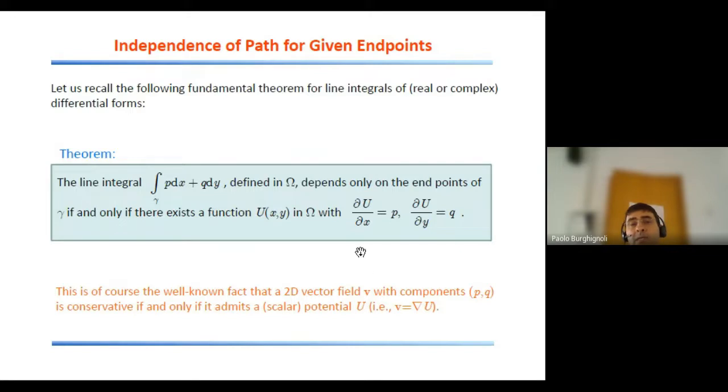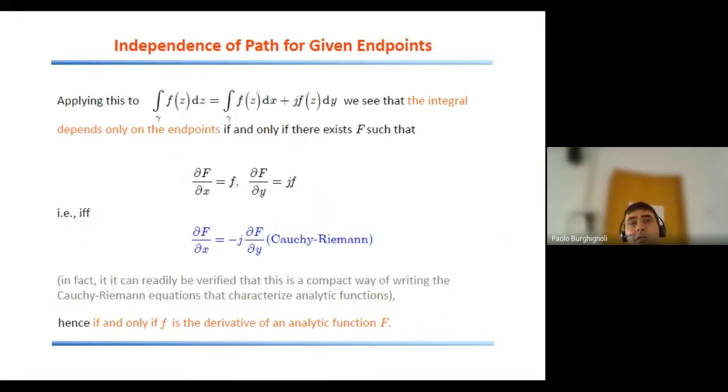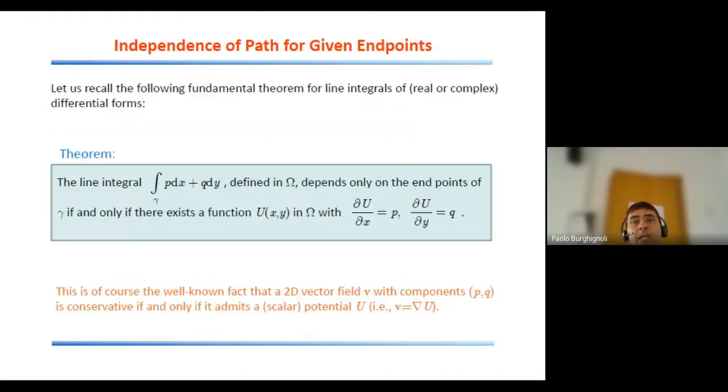So what we are stating in this theorem is the connection between the existence of a scalar potential and the independence of the integral on the path for given endpoints. Now, as you know from elementary physics, the independence of the integral from the path is equivalent to saying that the integral is actually zero for any closed curve, as you will see in a moment.